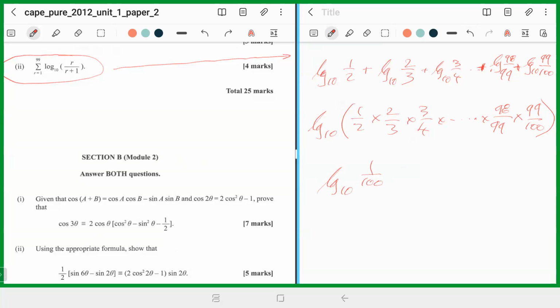This is going to be negative 2 because 100 is the same as 10 squared. So it becomes log to base 10 of 10 to the minus 2. Minus 2 comes to the front, so it becomes minus 2 times the log of 10 to base 10. This is 1. So the answer therefore is negative 2. That is the answer.